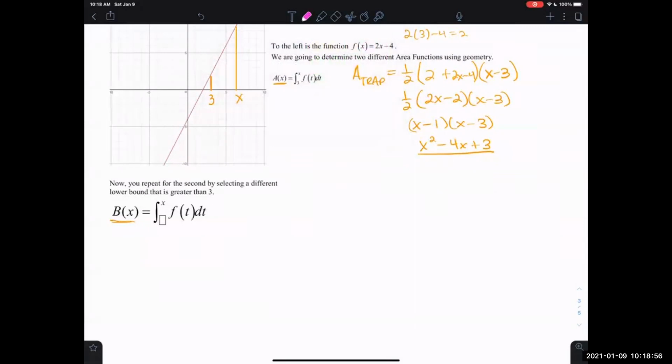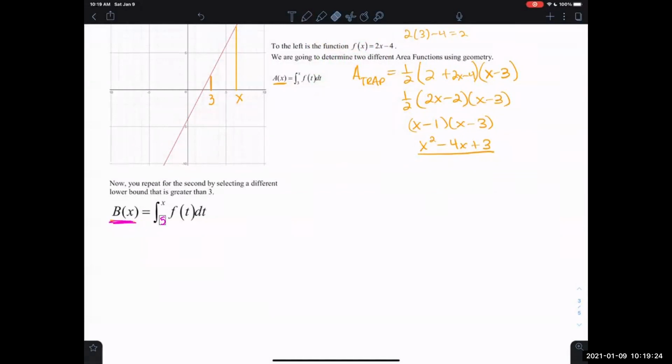Okay, now what we're going to do with the next b of x, the next antiderivative, we're going to go ahead and do the same thing, except we're going to start with a different lower bound. So let's start with 5. I'm going to pause. I'll have my work down, and then you can go ahead and do what we just did and calculate the area using the trapezoid that's drawn.